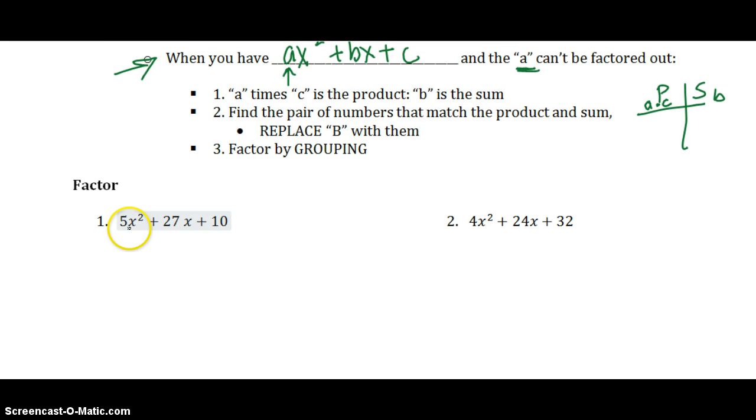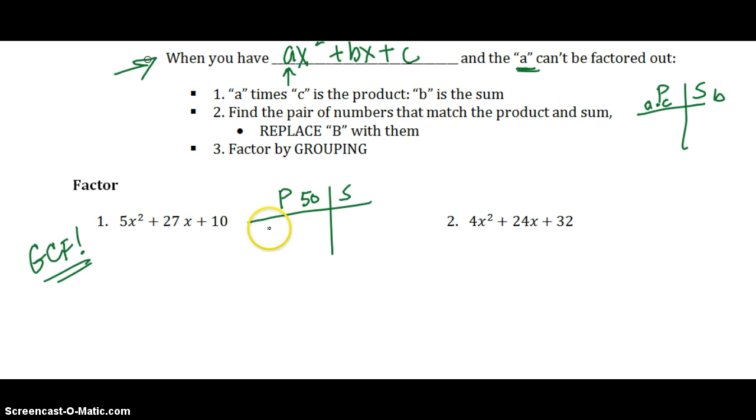Here, the first thing you ask yourself is, what's the greatest common factor? If I can take out a greatest common factor, it's going to make our life easier. But there is not a greatest common factor between 5, 27, and 10. So my product is actually 50, 5 times 10.